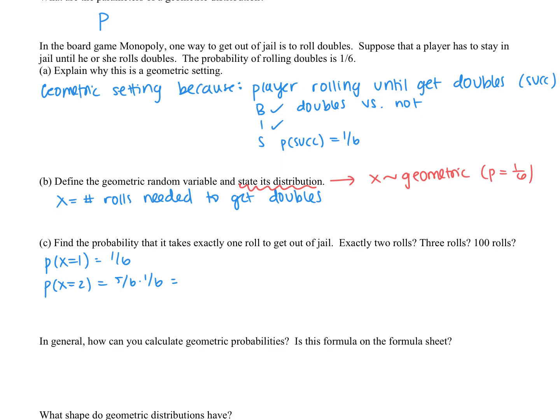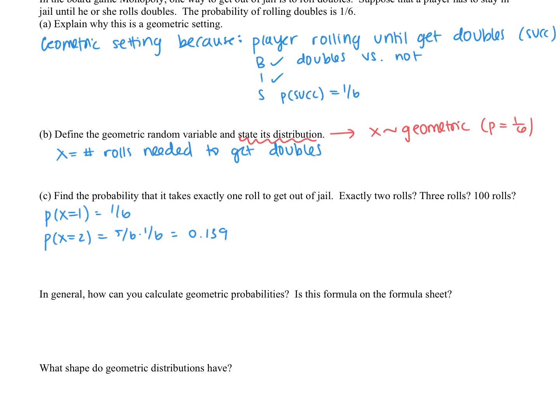So that is about 0.139. Three rolls. I didn't roll doubles, I didn't roll doubles, then I did. That's about 0.116.